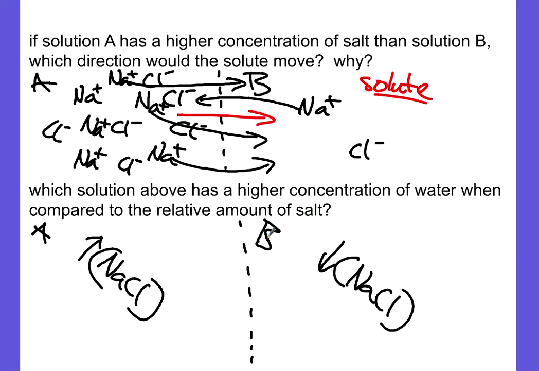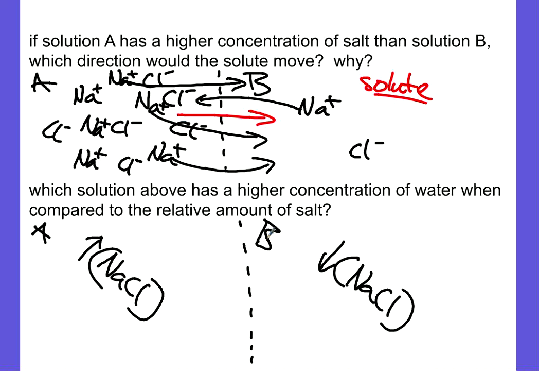They probably have the same amount of water. It's the same volume on both sides. It doesn't matter. But which side has a higher concentration of water relative to the salt? So this time you're writing A or B, or you can probably still do left or right.